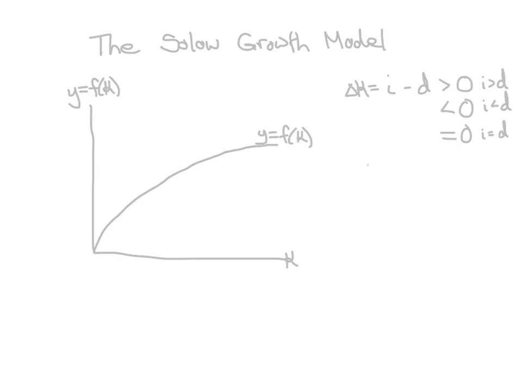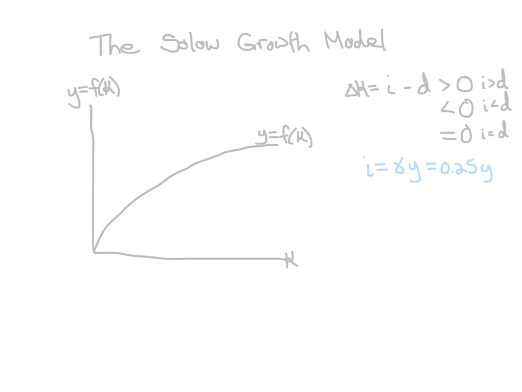So investment is defined as some constant fraction of the output each worker is creating. So for instance, we could have this fraction gamma be equal to 25% of output being reinvested into new capital.